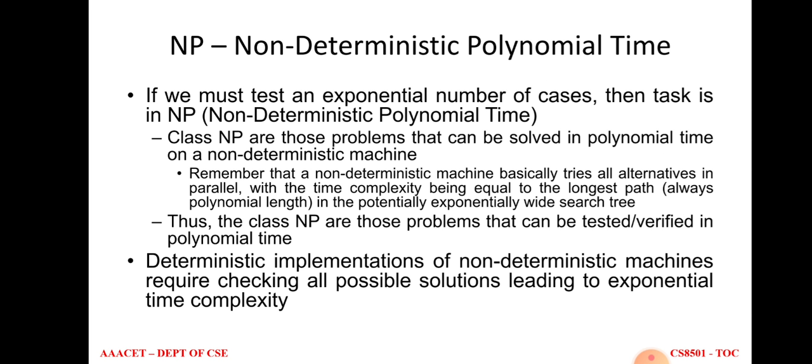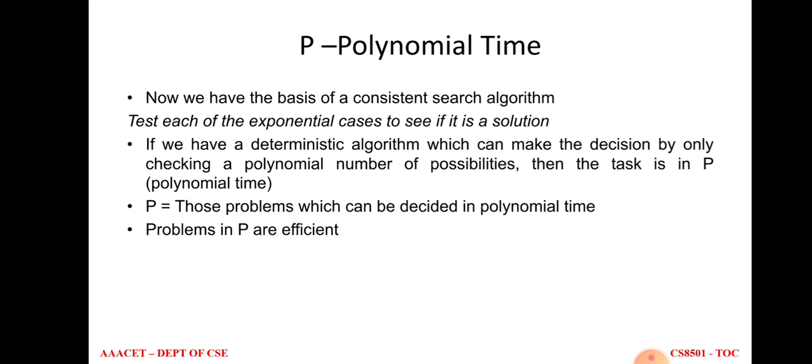For the problems in NP, it takes some exponential time to solve the given problem on a deterministic machine, meaning it cannot be solved in polynomial time that way. The meaning of NP is that it can be solved in polynomial time on a non-deterministic Turing machine. Class P is used with a deterministic Turing machine.